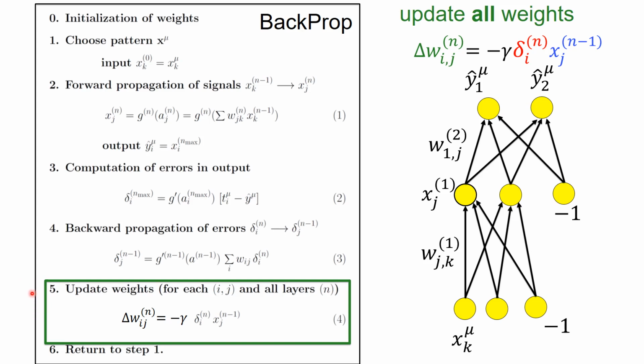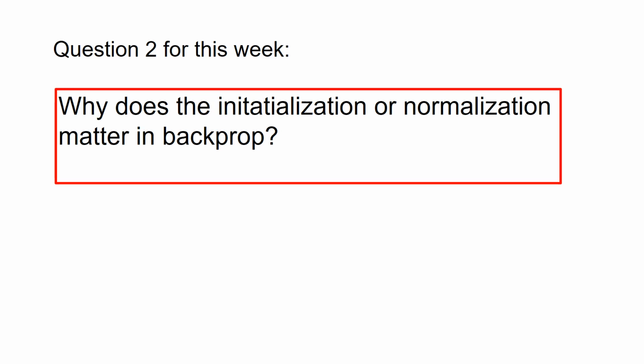And finally, we update the weights. But so far, we have not discussed how the weights should be initialized. And this is indeed the question 2 for this week. Why does the initialization or normalization of weights matter in backprop? We'll address this question later today.